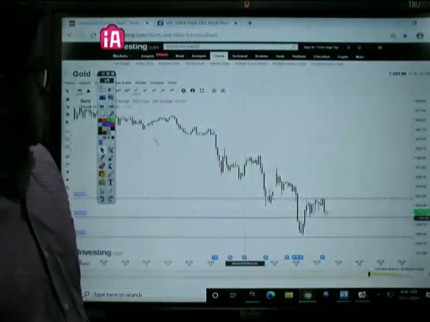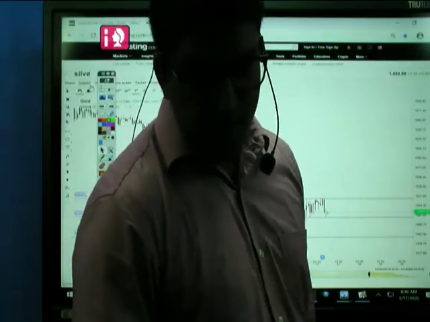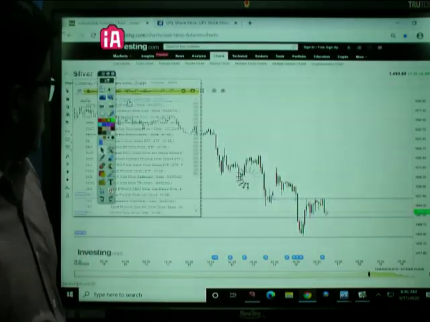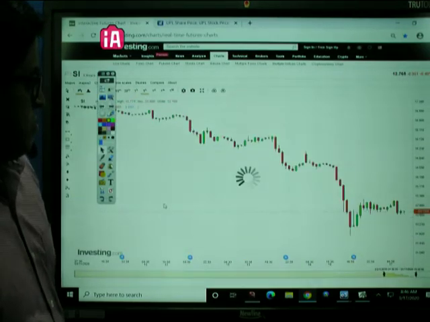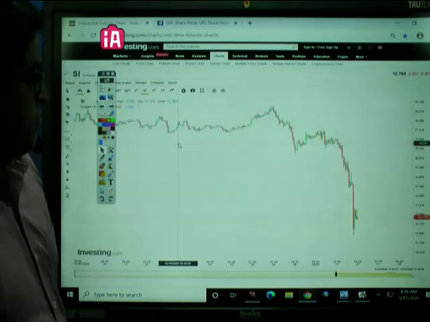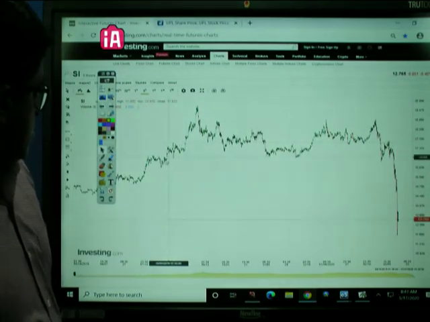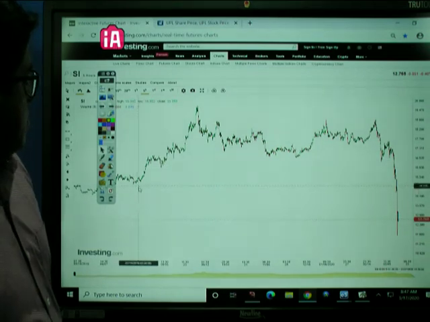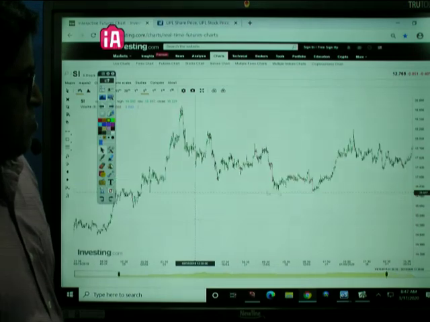So what about silver? Silver is leading this drop. What I'm going to do, I will put a 5-hour chart in silver. You can see the 5-hour chart, I'm going to decrease it from 5/10/2019 in the international market, which means that the silver price is somewhere far below compared to the gold.